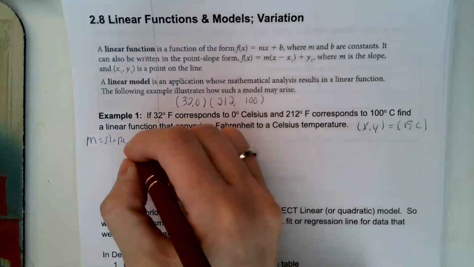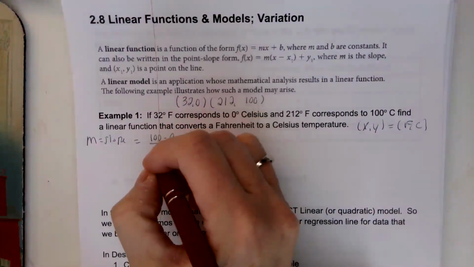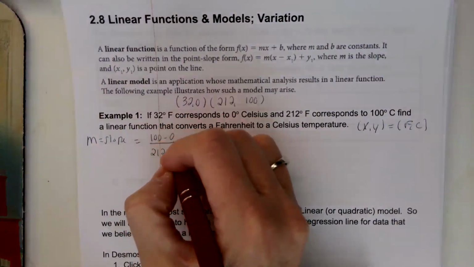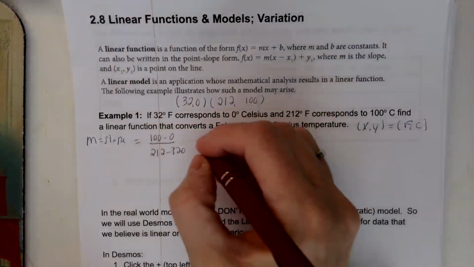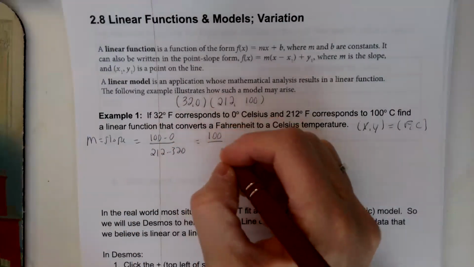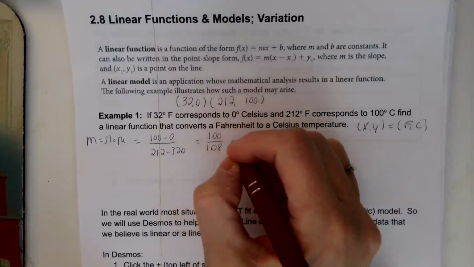So my slope is going to be 100 minus 0 over 212 minus 32. So that's going to be 100 over 180.